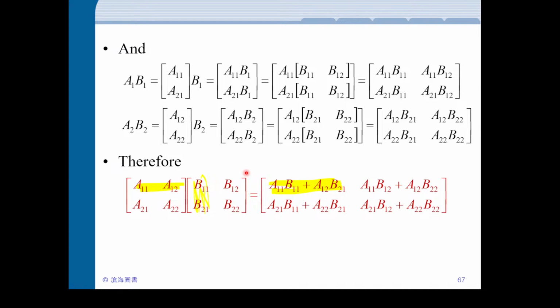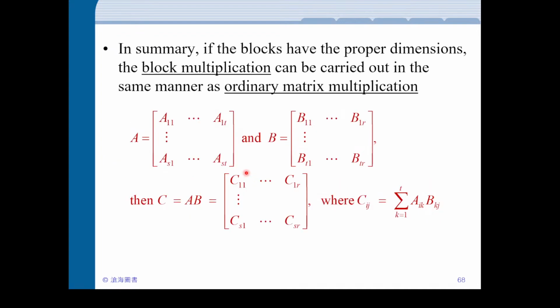Okay, and you can do this more generally. So you have A as blocks and B as blocks, and this column partition and this row partition match. Then you can write C equal to AB as also a block matrix, where the Cij is just like usual matrix multiplication, where each element is a number.